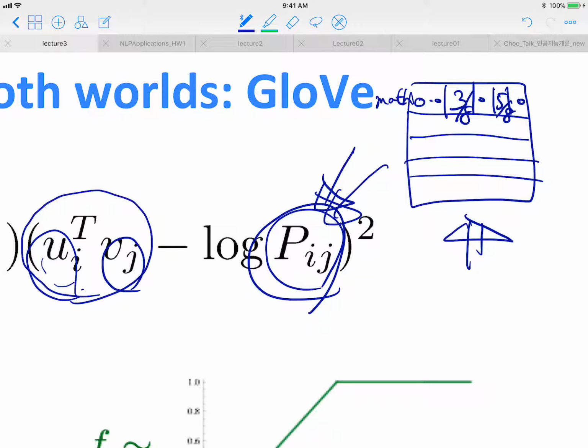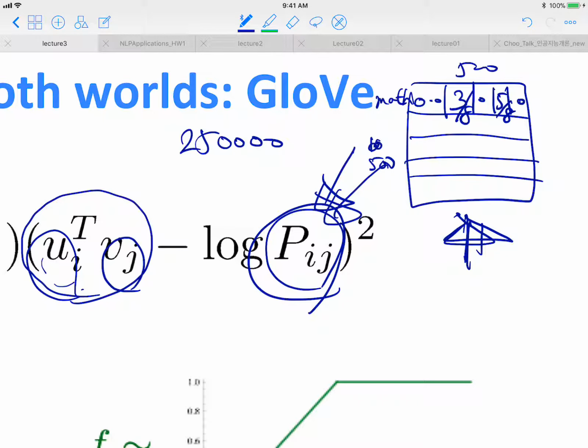And we do this fitting for all the possible word pairs. So if our vocabulary size is 500 words, how many elements are in this matrix? Of course, 250,000, right? So we do this fitting on all the entries in this matrix.